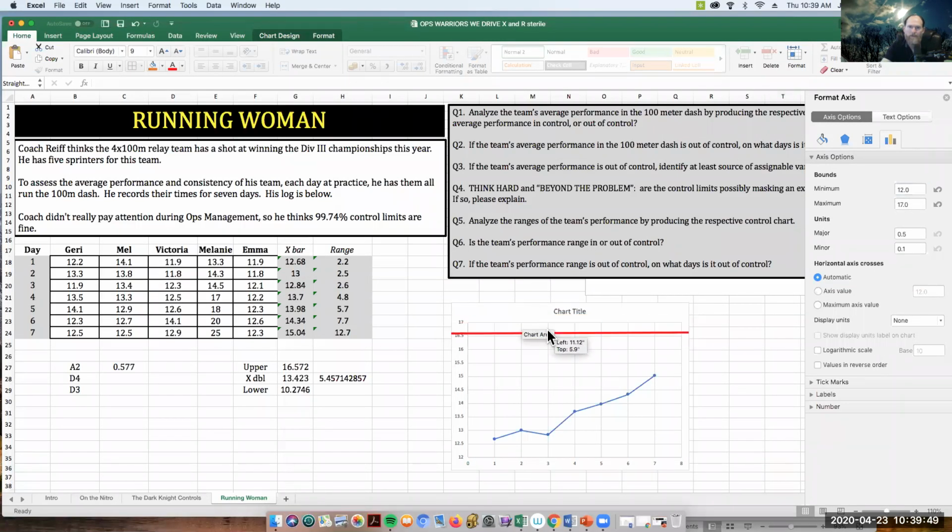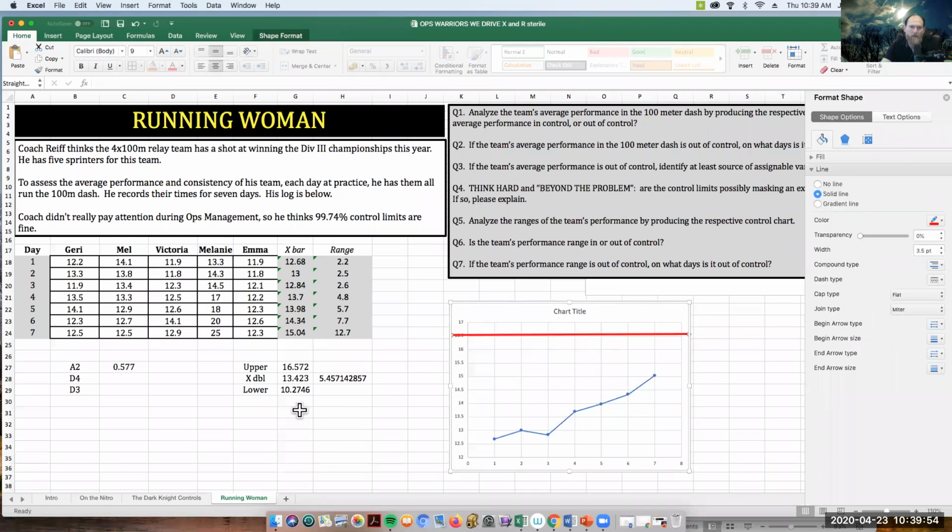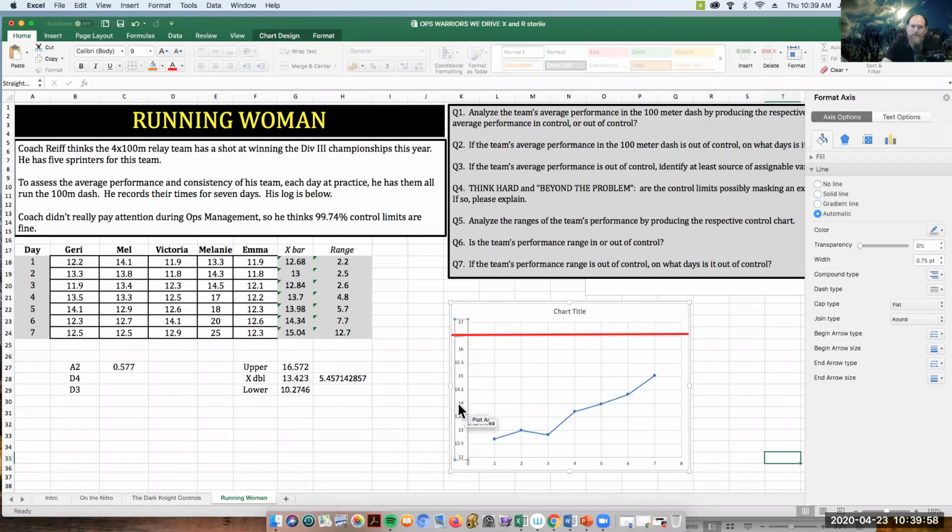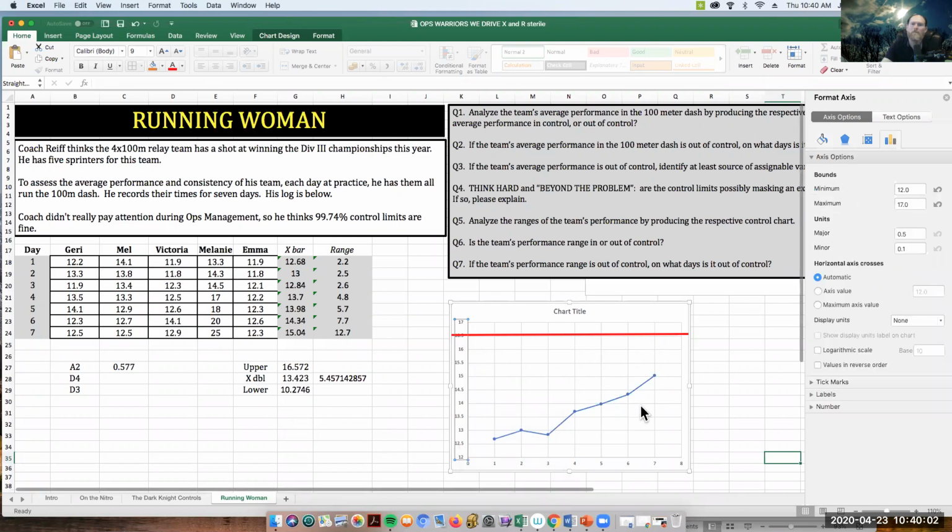Okay. And then my lower control limit is off the chart, so I've got to adjust this again. It's going to go down to 10.